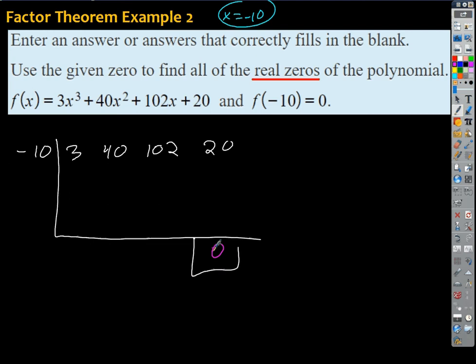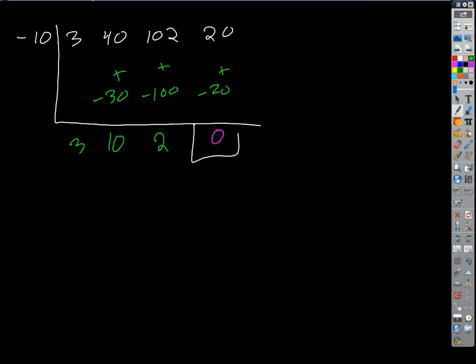If it doesn't, we made a mistake. All right, so then if we bring the 3 down, 3 times negative 10 is negative 10. So that gives us what, 10? What goes here? Negative 100. Plus 102 is 2. Negative 1. So it works, doesn't it? So then all we've got to do to find the other zeros is solve that quadratic equation.